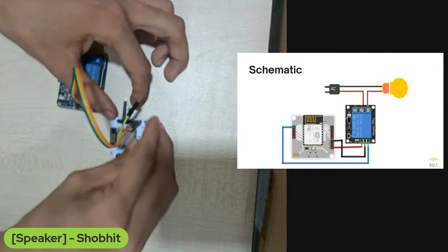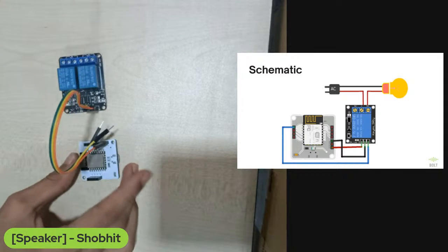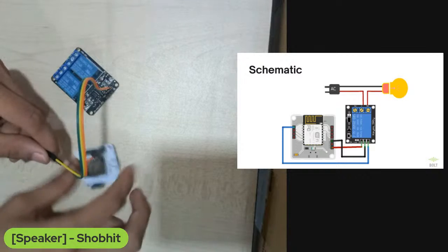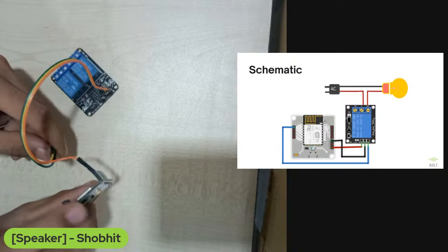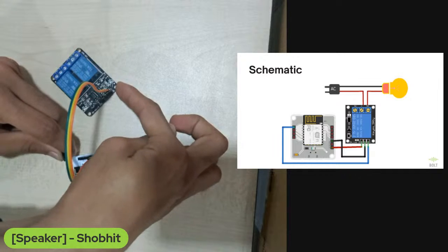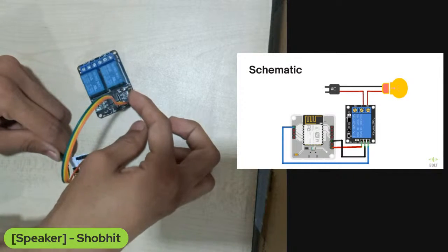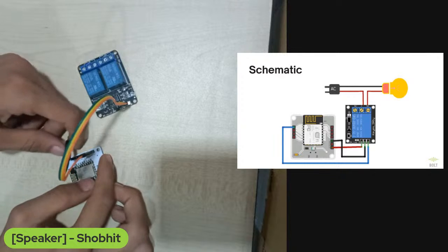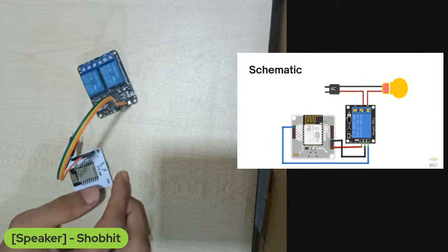So this is the 5 volt pin of the Bolt Wi-Fi module. I'll show you. This is the 5 volt pin of the Bolt Wi-Fi module. I have connected 5 volt of the relay module VCC to the 5 volt pin. Same is also visible on the schematic.